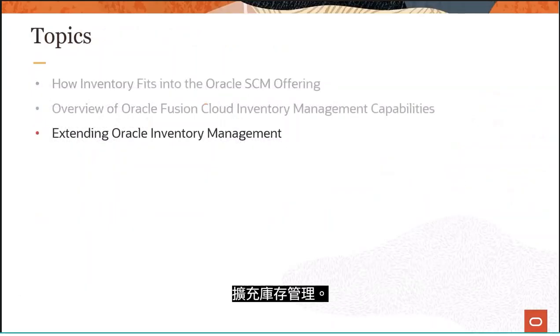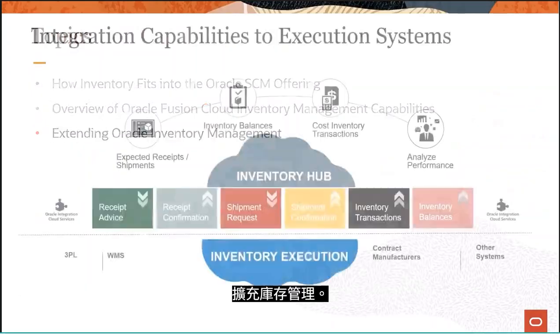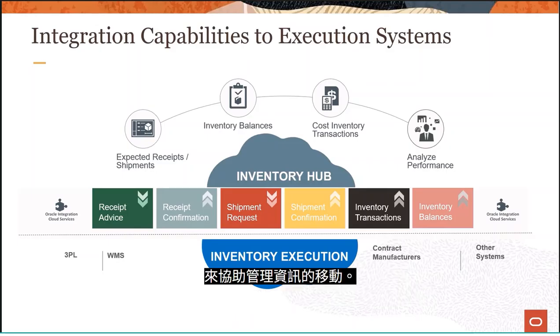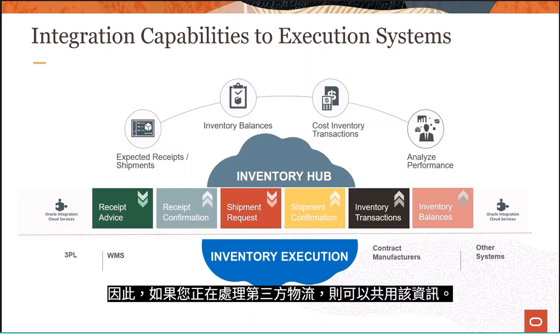Extending inventory management. So if you've been around Oracle very long, you know that Oracle has a fairly wide open structure, lots of REST APIs to help manage the movement of information. So if you're working with a third-party logistics provider, you can share that information.